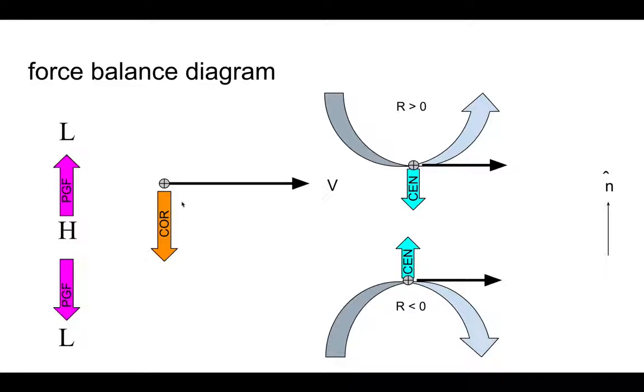And so the Coriolis force is always going to act to the right, at least in the northern hemisphere, and that's in the minus n hat direction. So I'll use this orange color for that particular force component. And then the centrifugal acceleration will act outward from the flow curvature.